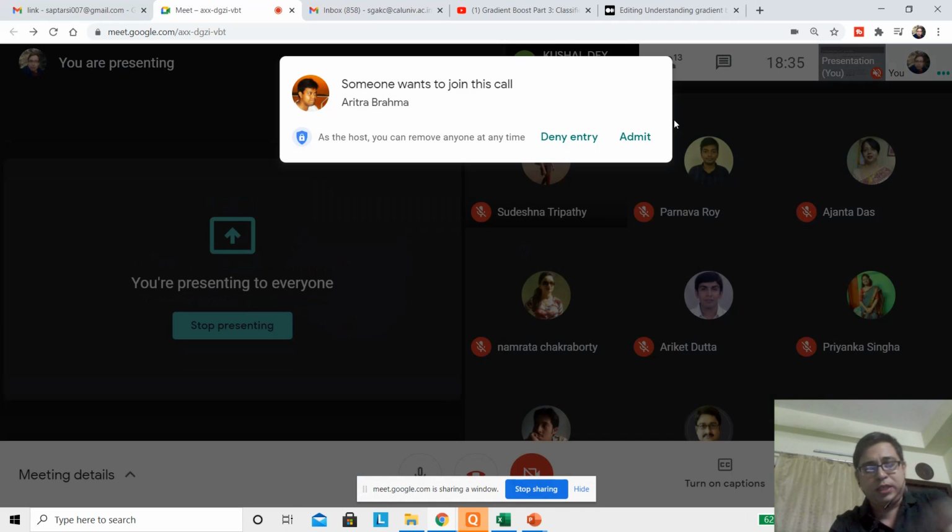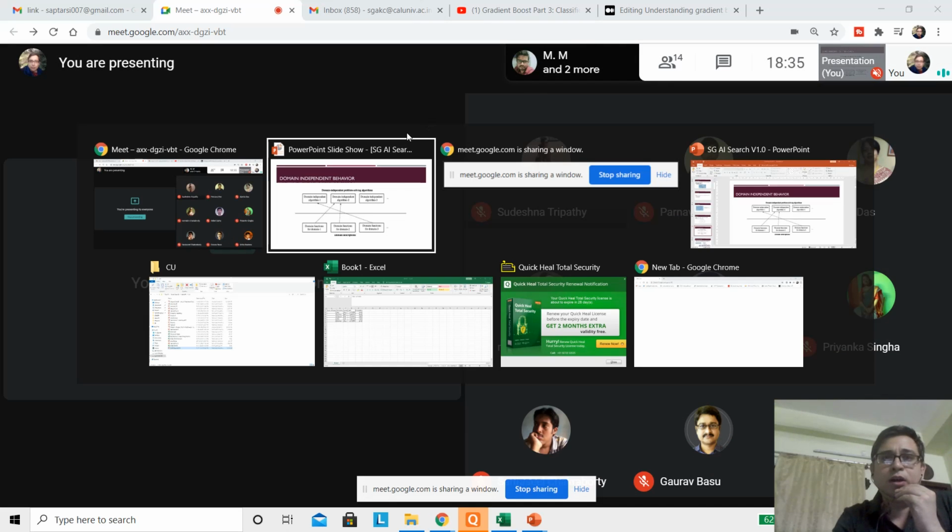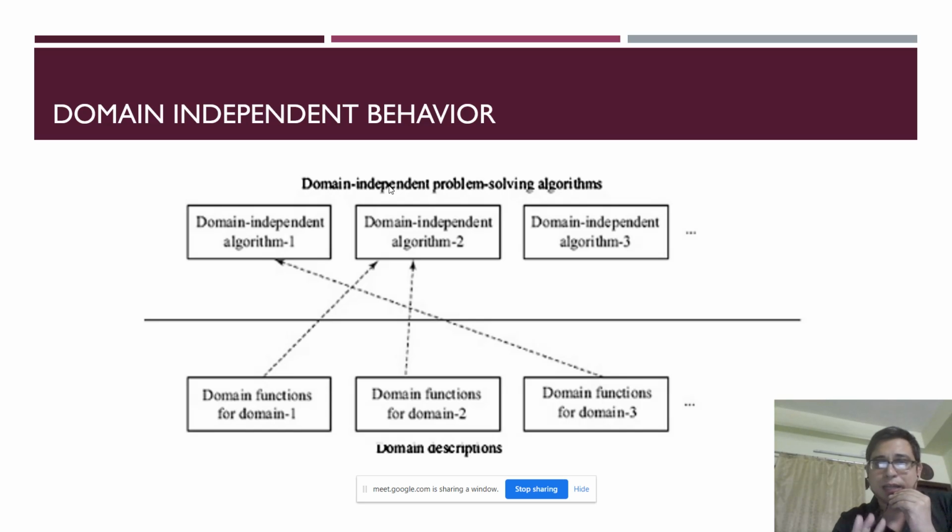And this state space search problem can be solved by certain operators like moveGen, which will generate the neighborhood, and also goal test, which will tell you whether you have reached the goal or not. Okay, so that's the idea. And what in this slide we are trying to tell is that essentially we want to develop a domain independent behavior.